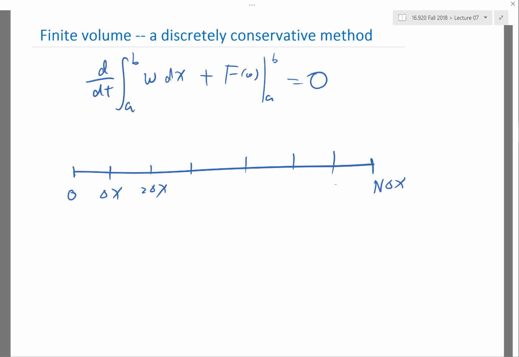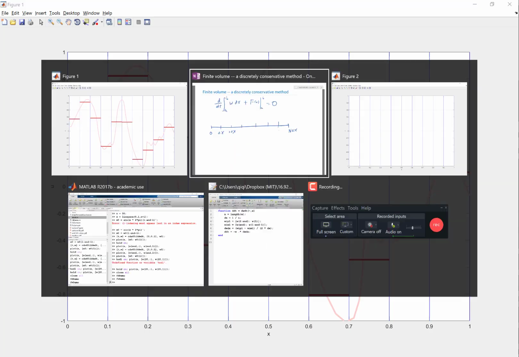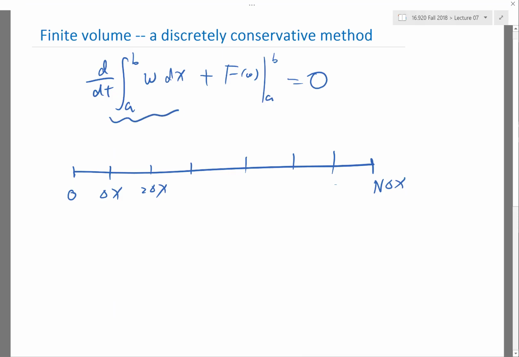Yes, the average over a volume is nothing but the integral over the volume divided by the size of the volume. It's just a constant multiple of the integral. So if we have the average of the function, we actually have exactly this.